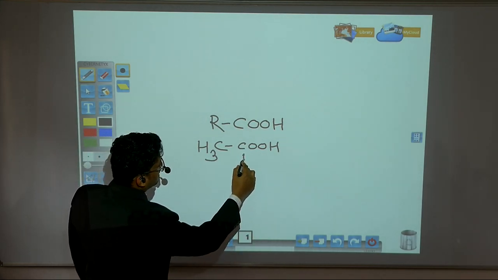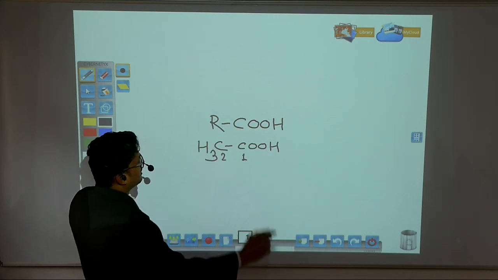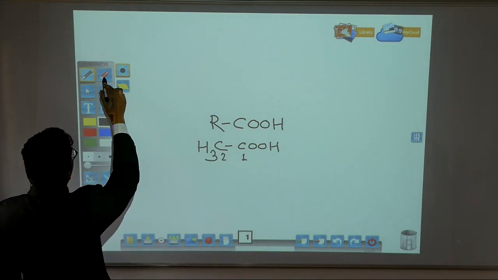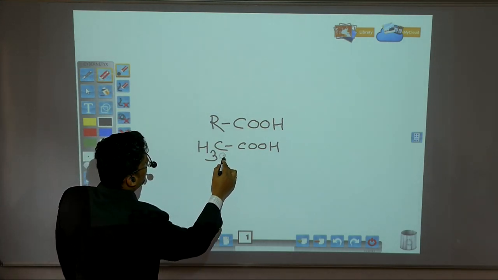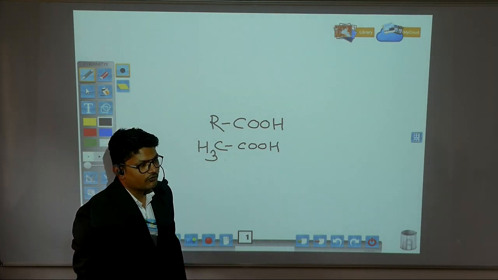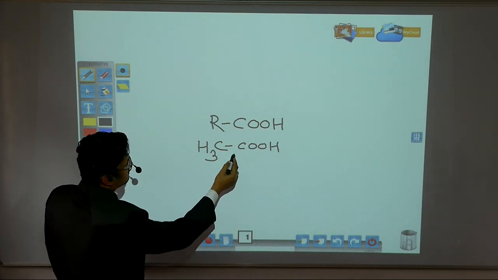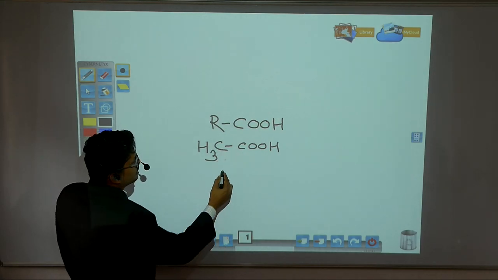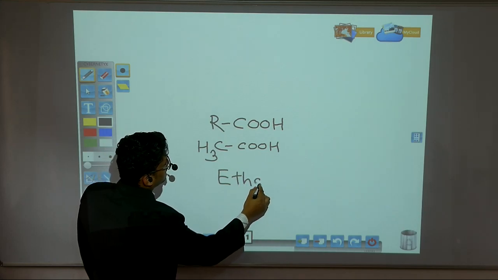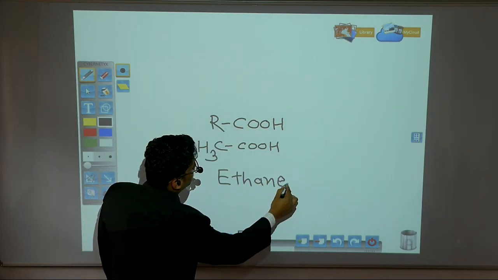This is the first carbon atom, this is the second carbon atom. So what we have to do, we have to write the parent alkane considering the number of carbon atoms. As we can see there are 2 carbon atoms, so the parent alkane will be ethane.